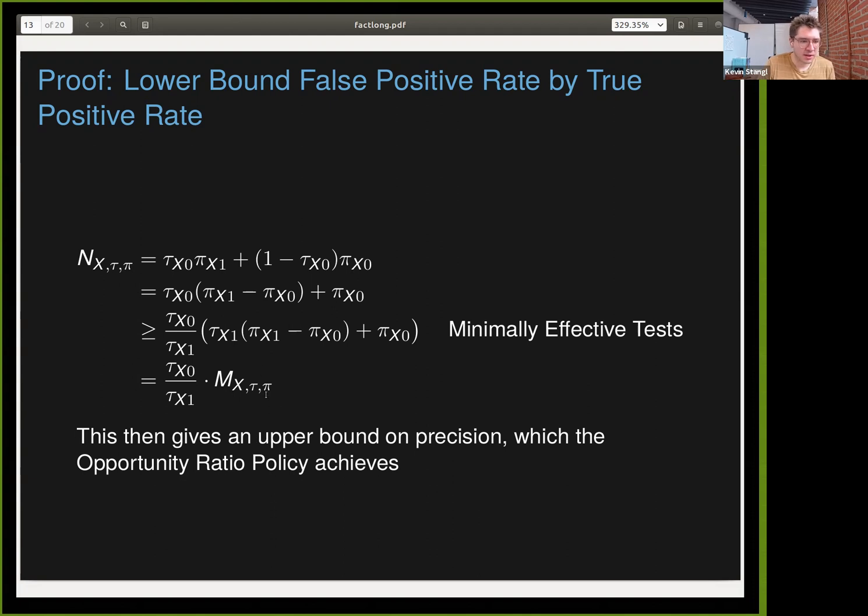Once you have this lower bound, you can plug it into the definition of precision at the end, and that gives you basically this, an upper bound on the precision. Then because the opportunity ratio policy is closed form, we can write it out and show that these two things are equal, and that's the proof of the optimality of the opportunity ratio in this paper.